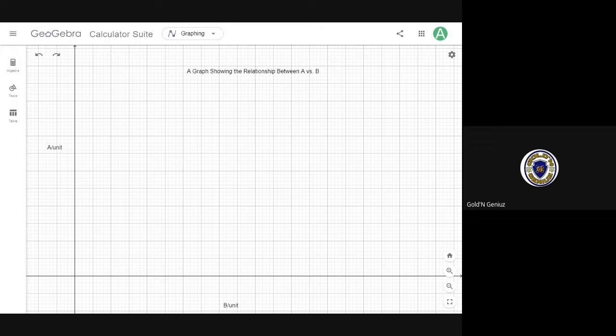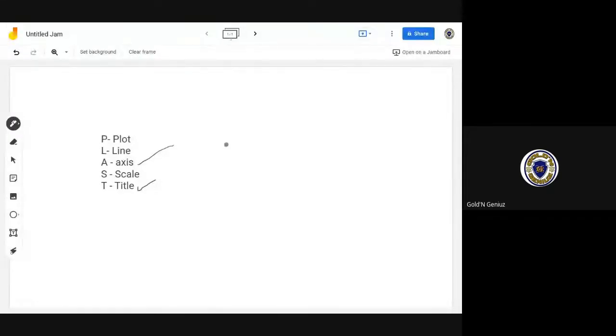Now, I'm going to take, for example, a sample from a CXC paper.